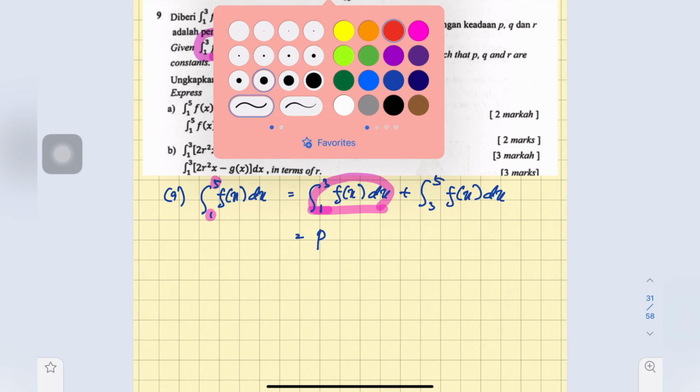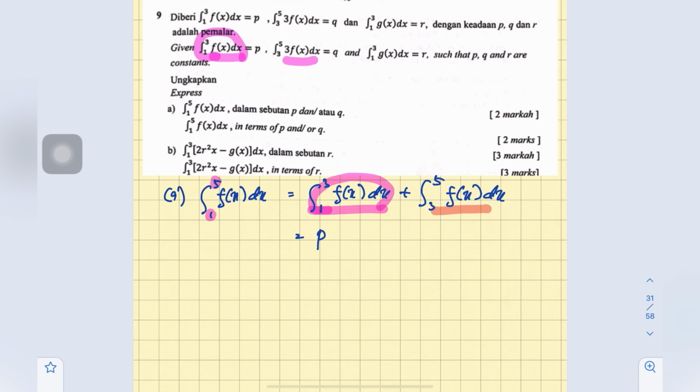But this one is not the same, it has a 3 there, so we need to modify a bit. So f(x) dx equals divide by 3, so this one is q over 3. So now it is the same. So plus q over 3.